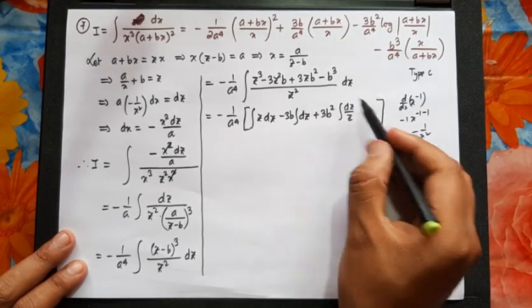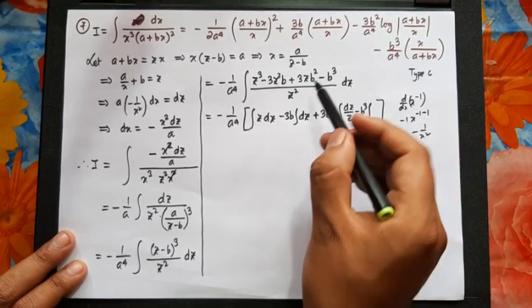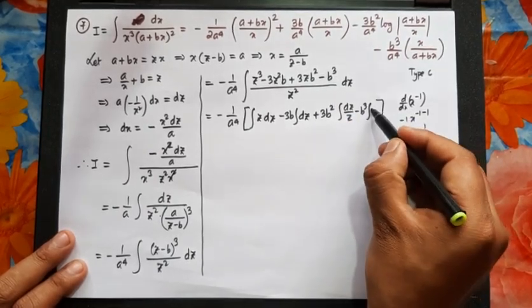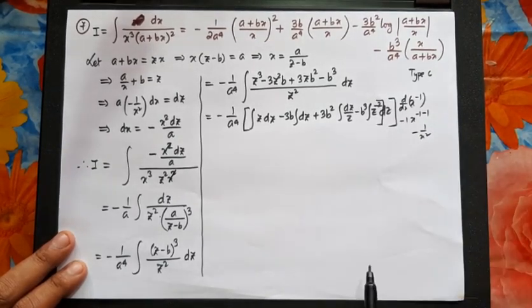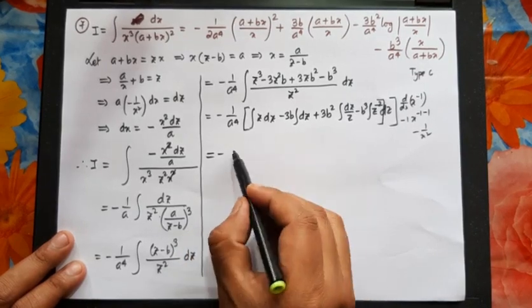And at last it is minus b cube, kept outside, and we have 1 by z square, which can be written as z to the power minus 2 dz. Is that clear?